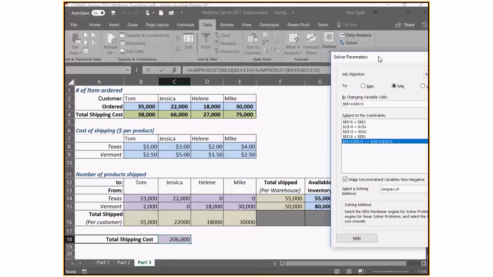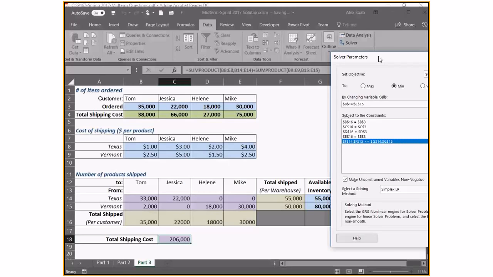With the first 4 constraints, could they have been 1? You could have just dragged it. Instead of doing the sum in B16, could you have just made that equal to B3? No, because this will be the constraint: as these numbers change, this should change.